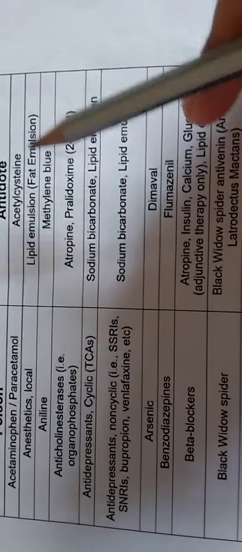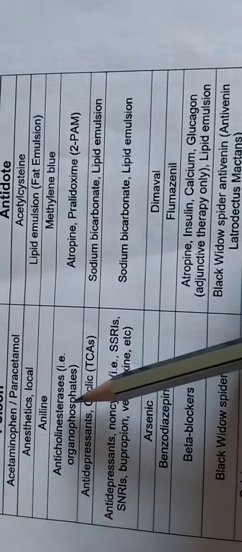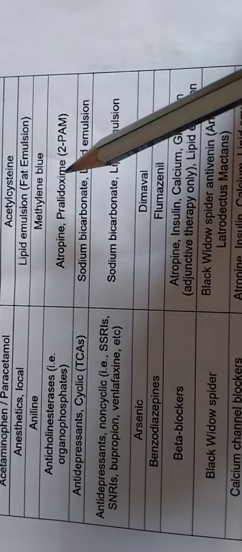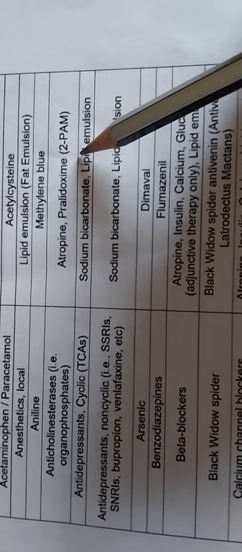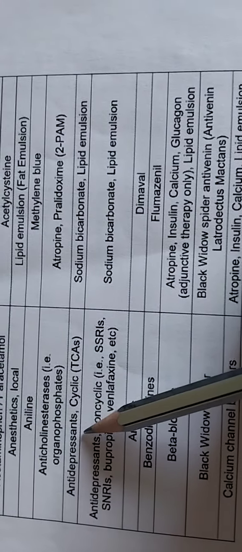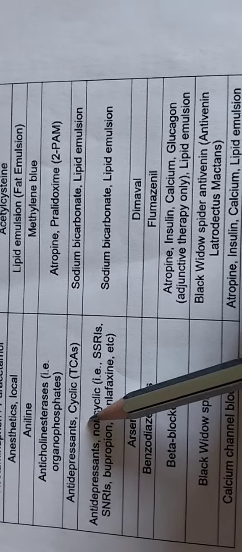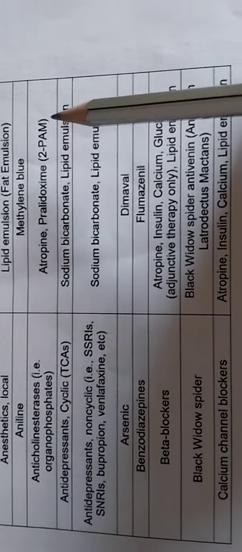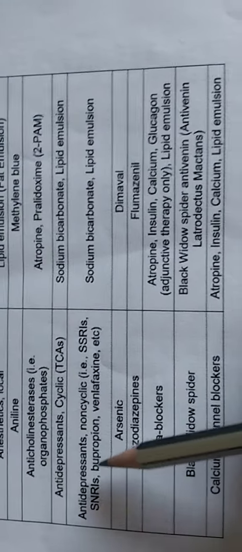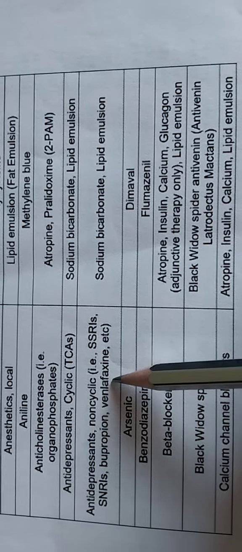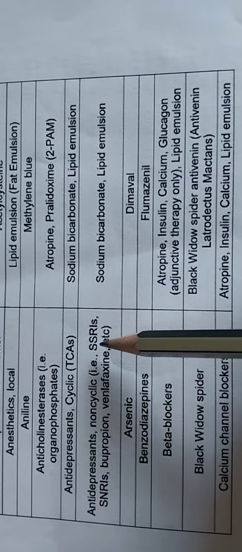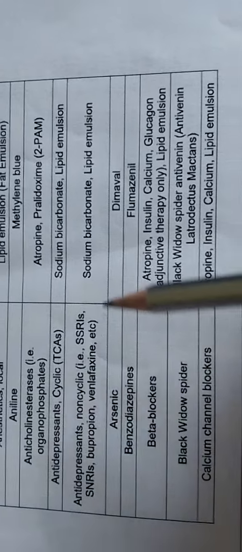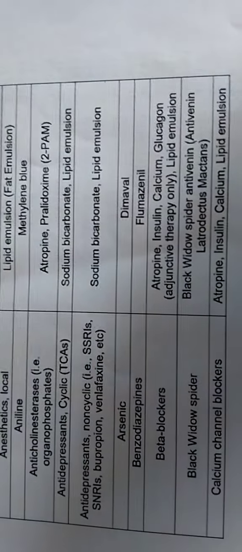Then for aniline, the antidote is methylene blue. For anticholinesterase, that is organophosphates, the antidotes are atropine and pralidoxime. Then for poisoning of antidepressants, sodium bicarbonate and lipid emulsion are used. For antidepressants which are non-cyclic, that is selective serotonin reuptake inhibitors, the same sodium bicarbonate and lipid emulsions are also used.